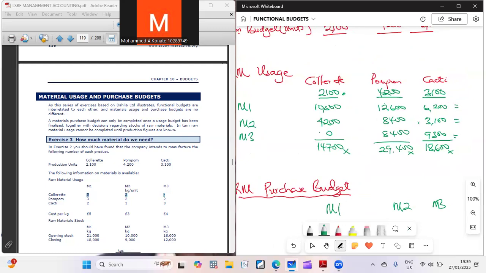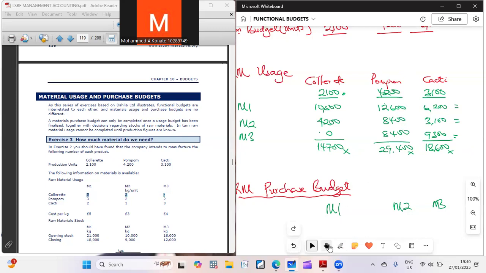Because this one, you now need to total. We don't really need these totals. These totals are for colorate, but we are doing the budget of the raw materials to purchase. So you could have done it M1, M2, M3, then bring colorate compound, then total.